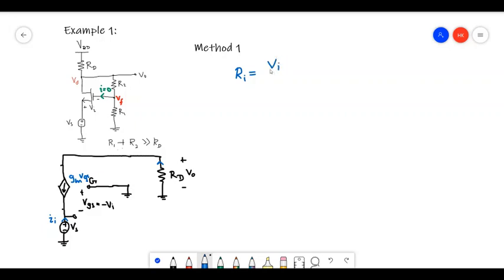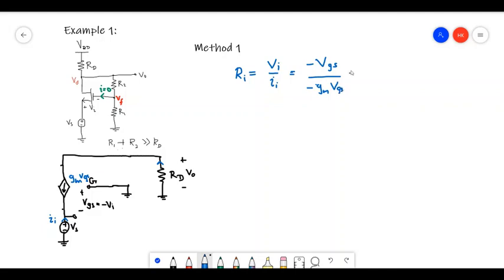VI divided by II, so input voltage divided by the input current. You already know that the input voltage is actually minus VGS, and the input current is this current, but in the opposite direction, so this minus GM VGS.